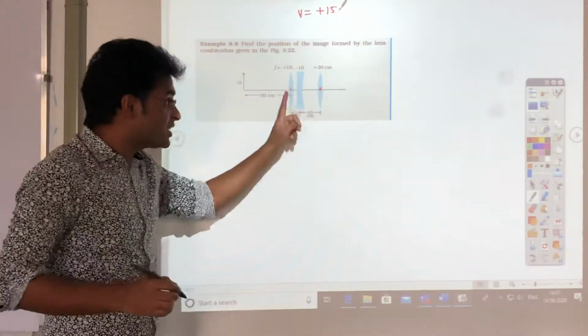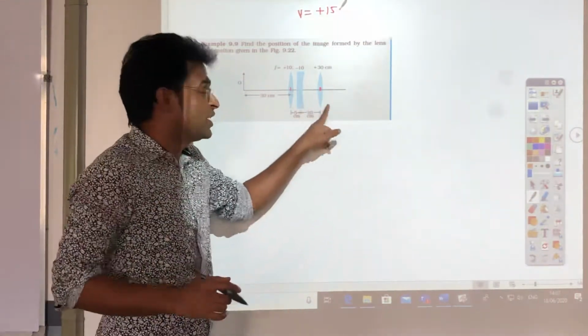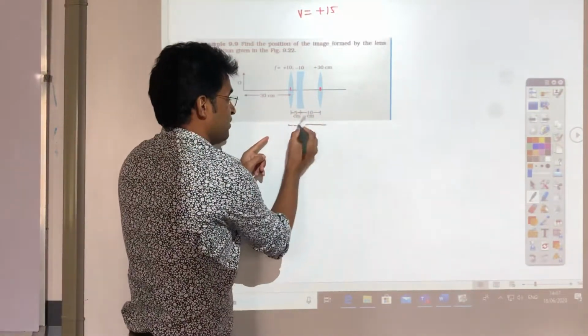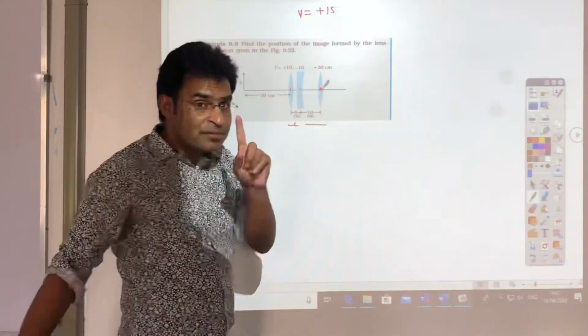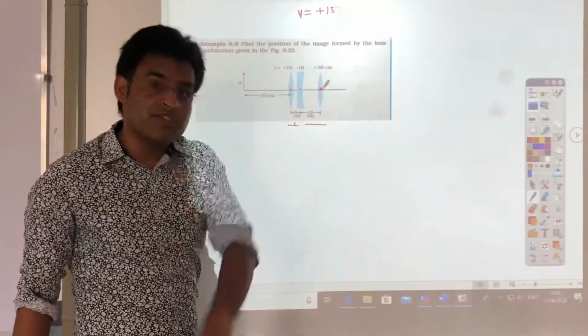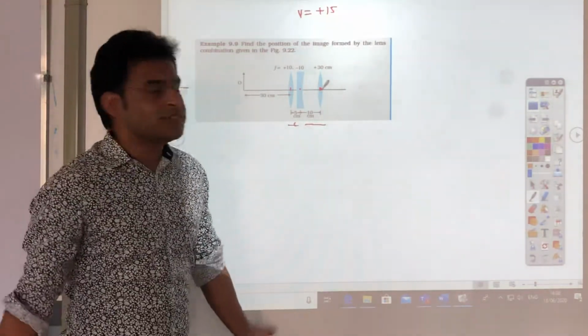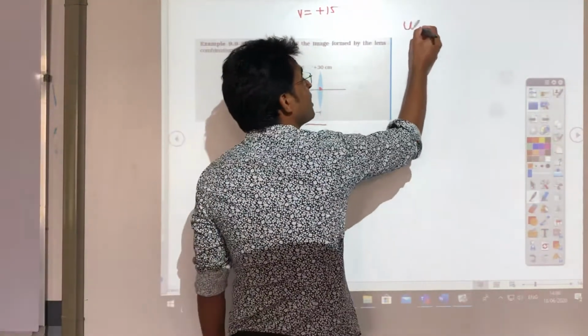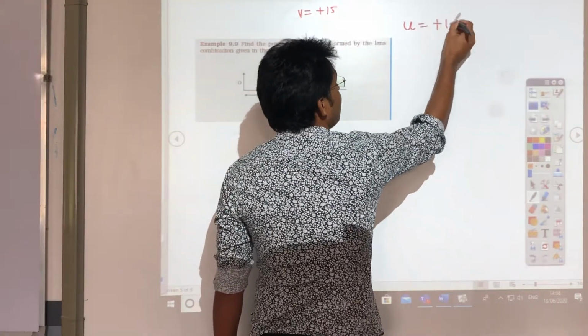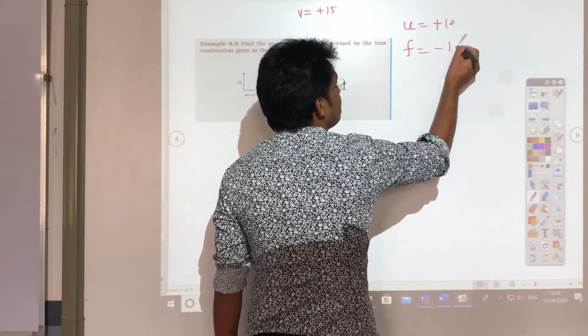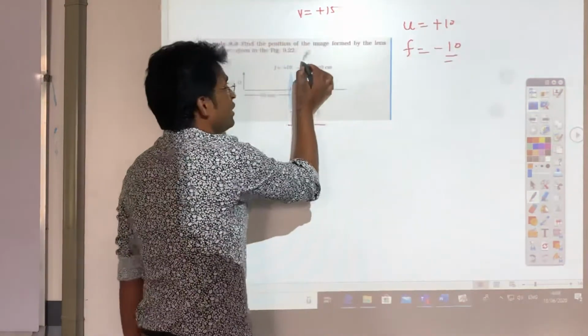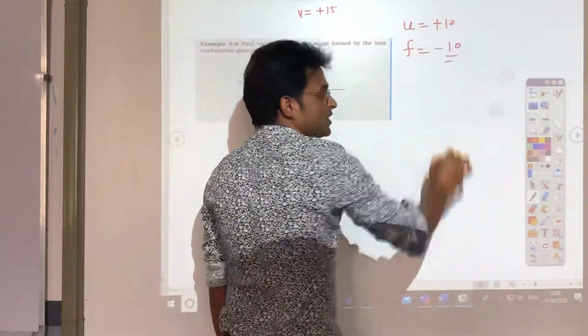But from the second lens it's not plus 15, it's plus 10. And I told you the image formed by the first one works as the object for the second one. So the object distance for the second one is plus 10, and the focal length for the second one is minus 10.